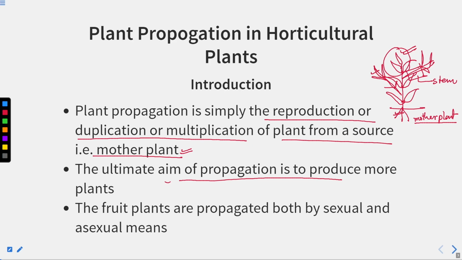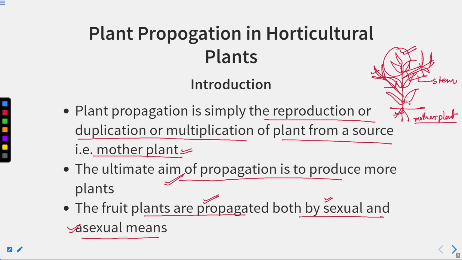That is our ultimate goal of propagation, to increase the number of plants. So the fruit plants are propagated both by sexual and asexual means. We have the fruit plants in horticulture, and they can be propagated either by the sexual method or asexual means.